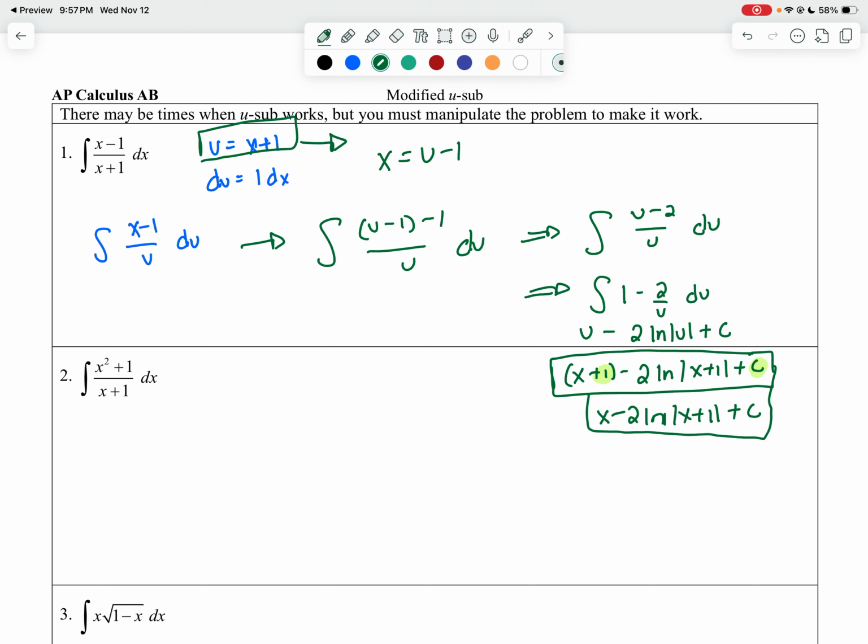All right, same thing with number 2 here, where I'm going to use u sub and let u be x plus 1. And I'm going to have du be 1 dx, which means that plot twist, once again, I have x in the numerator. Not good.